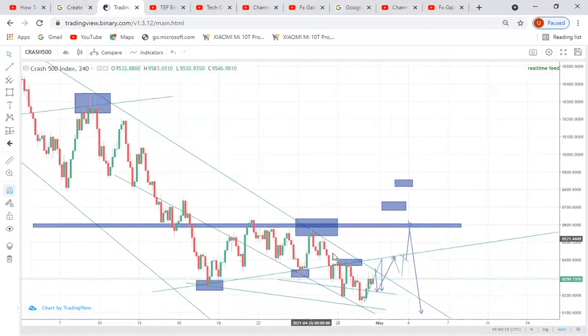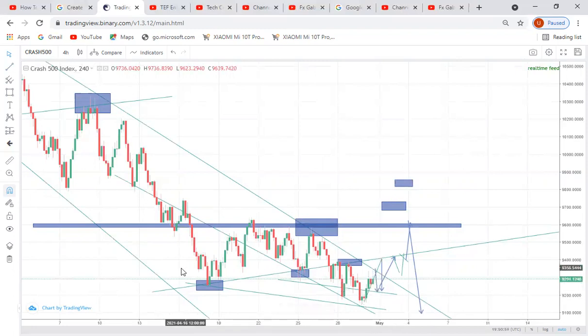Now, what did I do here? 1, 2, previous support, I've drawn it to this place and I left it there, but we can see price is falling down below. That means this downtrend is still very active.